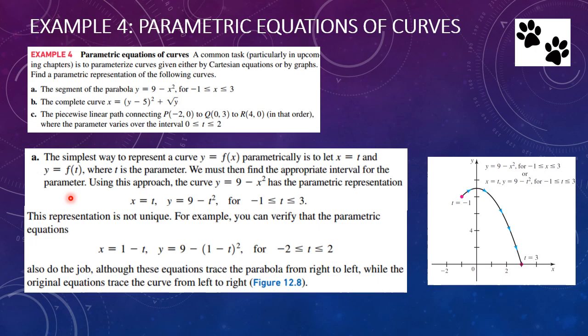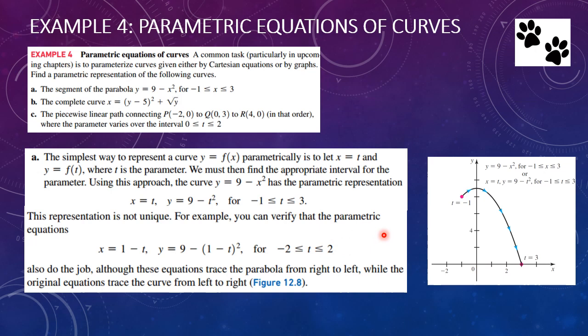Using this approach, the curve y equals 9 minus x squared has the parametric representation x equals t, therefore y equals 9 minus t squared. And since x and t are equal, the interval is going to be equal as well, so t is between -1 and 3, as you can see here.